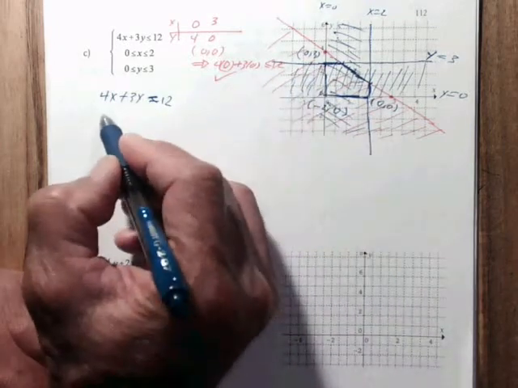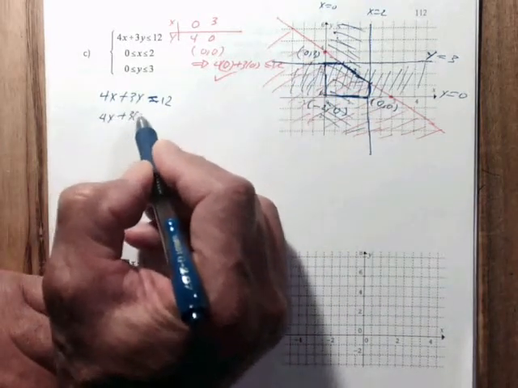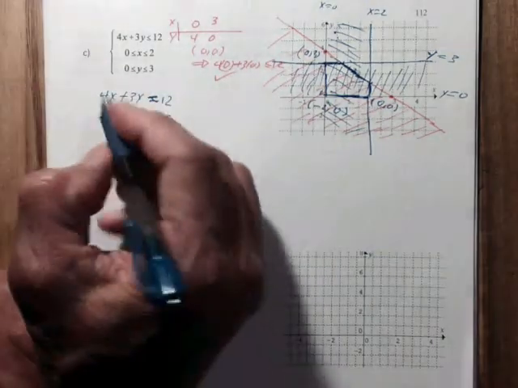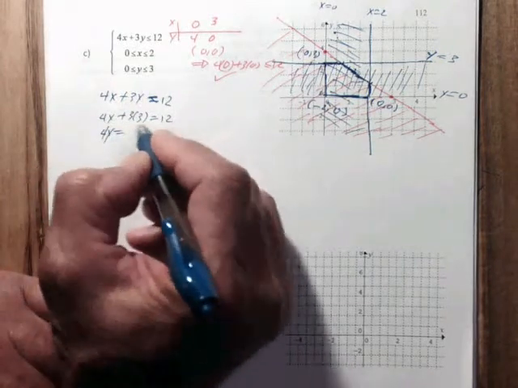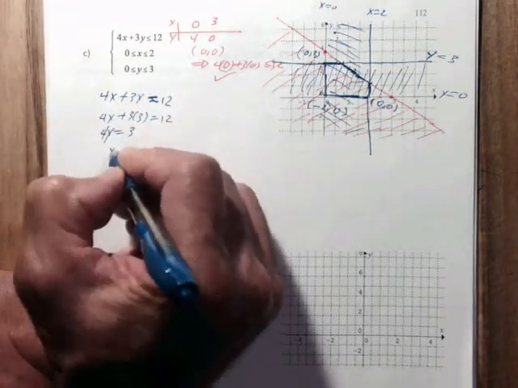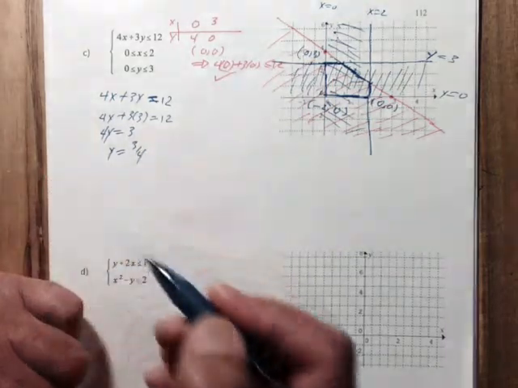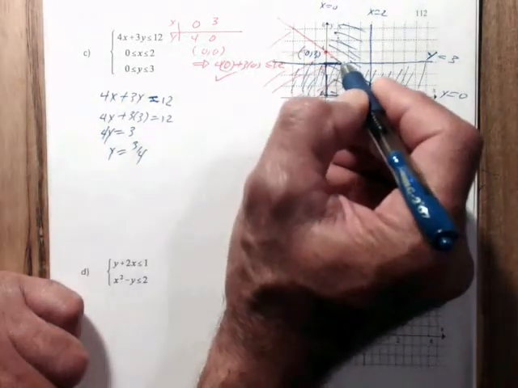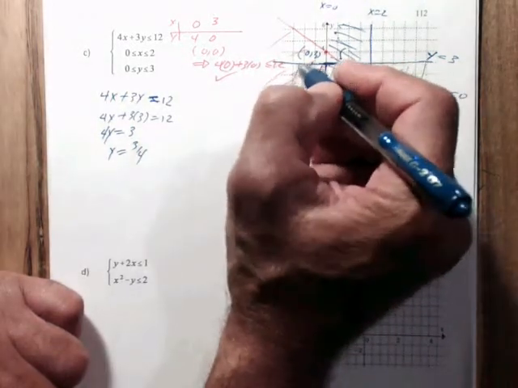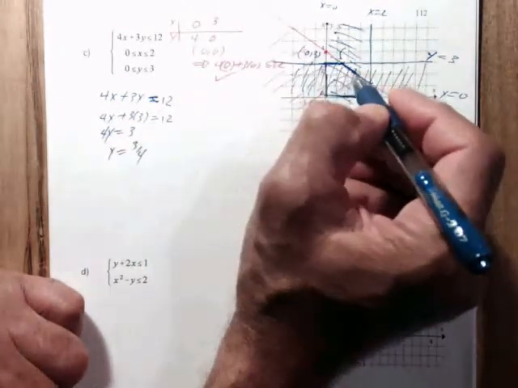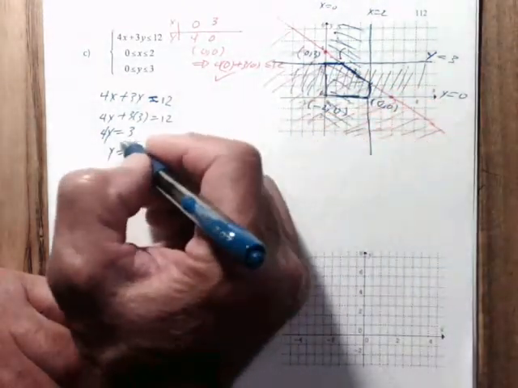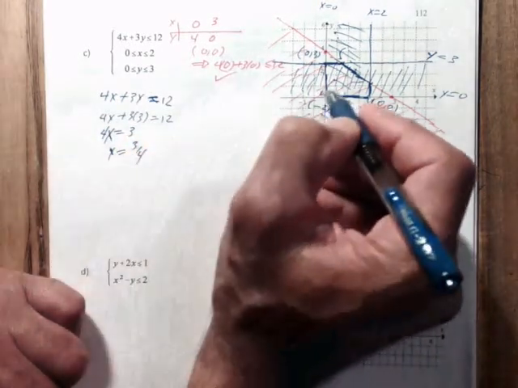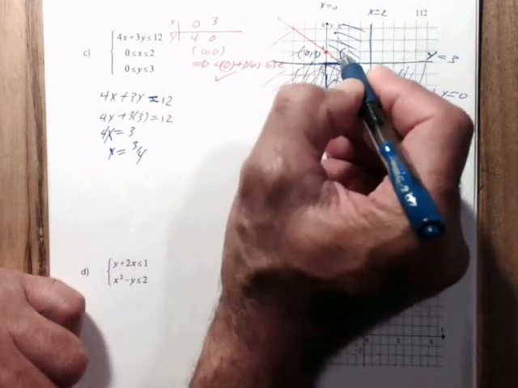I put y equal to 3, 4x plus 3 times 3 equal to 12. This is 9. So you get 4x equal to 3, so x equal to 3/4. Okay. So this point, I'm solving for x, not y. X is equal to 3/4, like this one.